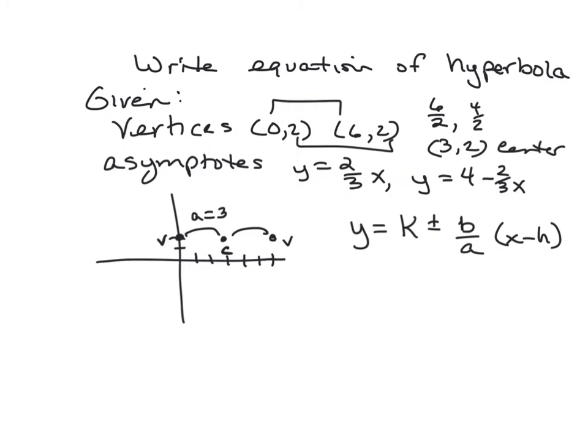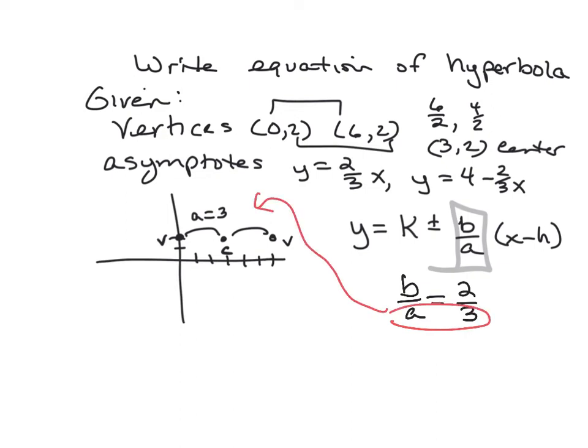All I really need to focus on is b over a. So b over a is equal to 2 over 3. I can see that this is already simplified, because a equals 3, which is what I have from over here. So this tells me that b equals 2, so b squared will be 4.